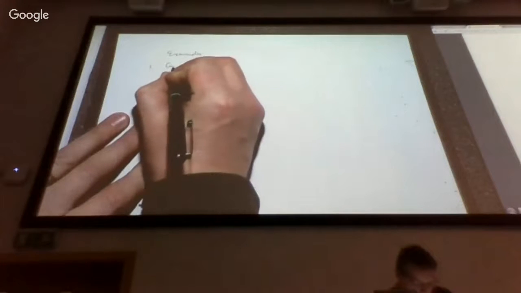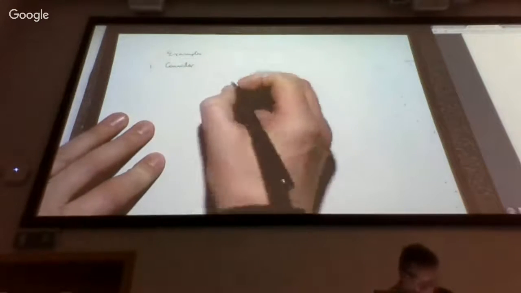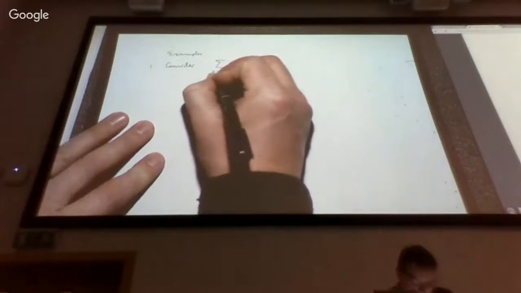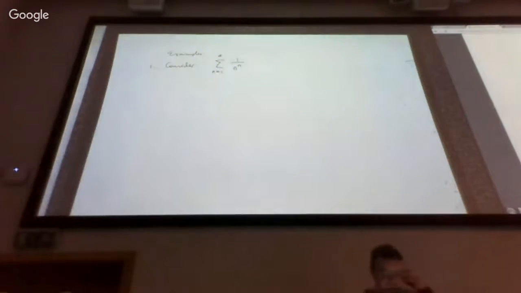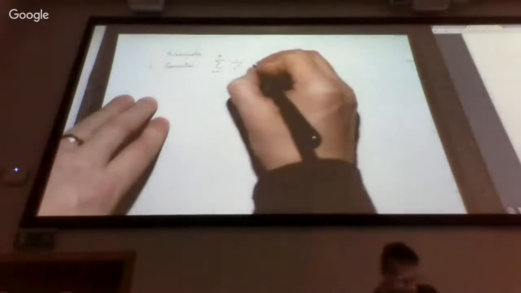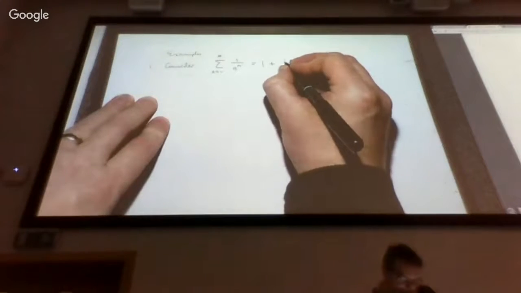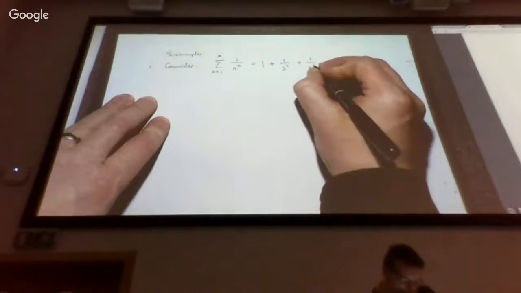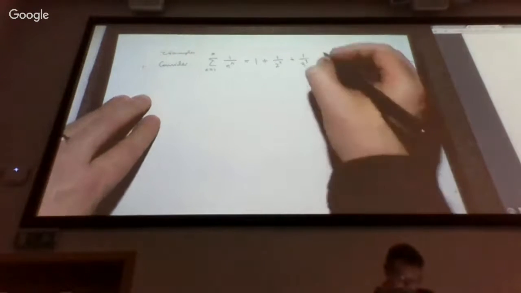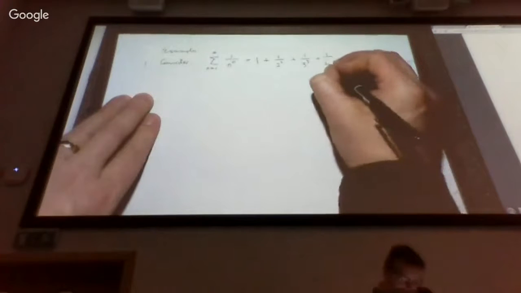So the first one we're going to look at is the sum from n equals 1 to infinity of 1 over n to the power n. In other words, this looks like 1 plus 1 over 2 squared, 1 over 4, plus 1 over 3 cubed, 1 over 27, plus 1 over 4 to the power of 4.